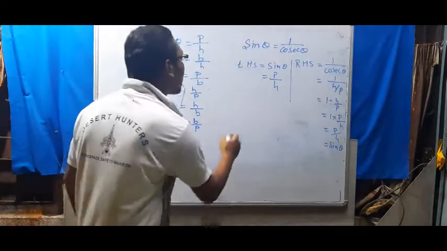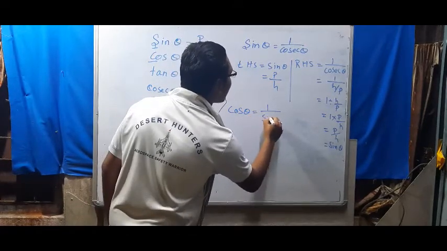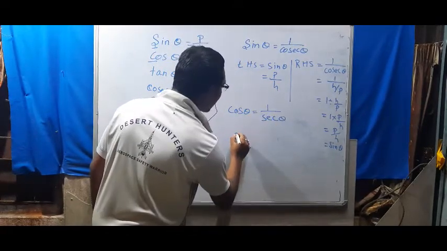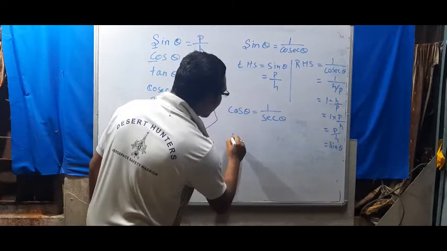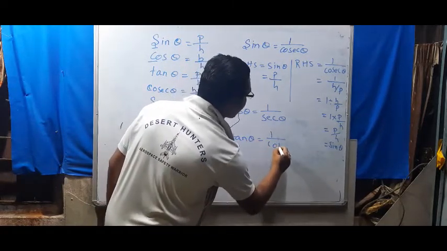Similarly, we can prove cos theta is equal to 1 by sec theta, and tan theta equal to 1 by cot theta.